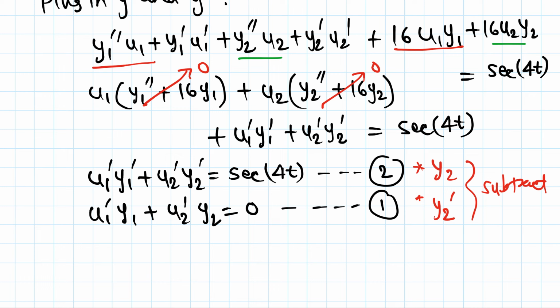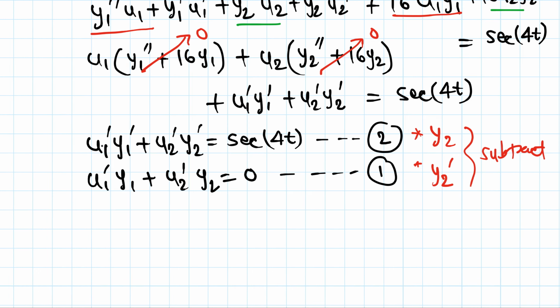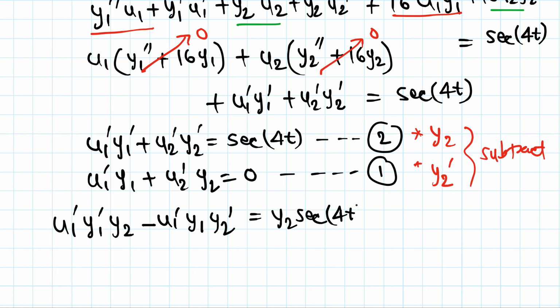Okay, let's do it. What happens here now? u1 prime y1 prime, we are multiplying by y2, and this one will be the same, but we subtract, so it gets cancelled. Here minus u1 prime y1 y2 prime, because we are multiplying equation 1 by y2 prime, and these two get cancelled, equals y2 secant 4t minus that 1 times 0 is 0.